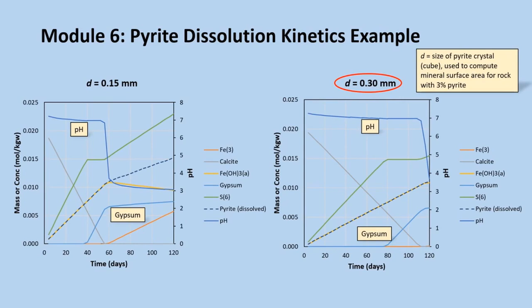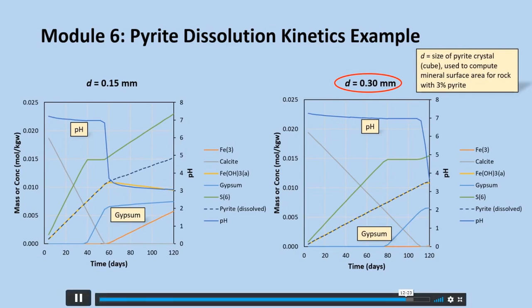All of that calcite dissolution frees up a lot of calcium. When combined with the sulfate formed when pyrite is oxidized, gypsum or calcium sulfate is precipitated. At the same time, the ferric iron sent into solution from pyrite oxidation forms a hydroxide precipitate. This precipitate itself begins to slowly dissolve after 60 days as conditions become ever more acidic.